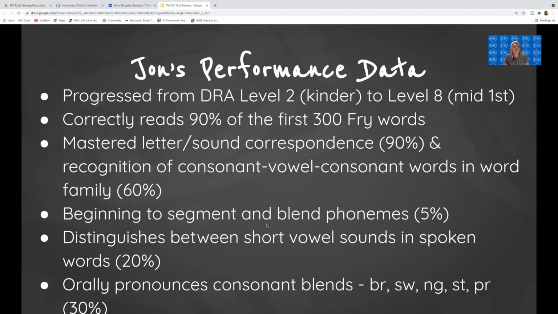Okay, so there's your outlier. He can do letter sounds 90%, but when he's starting to segment and blend those phonemes, that's where some difficulties fall in. Distinguishing between short vowel sounds in spoken words is 20%, and he orally pronounces consonant blends at 30%.